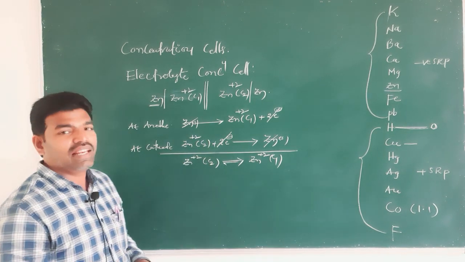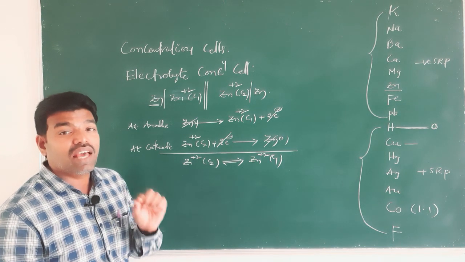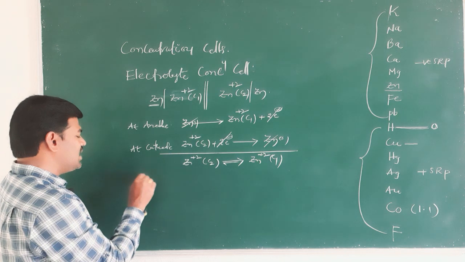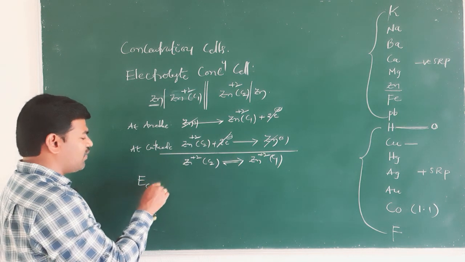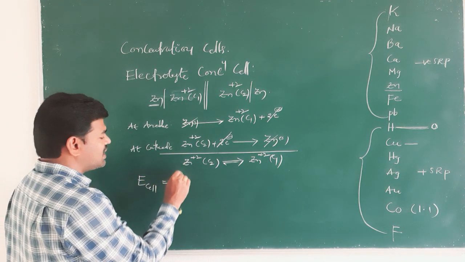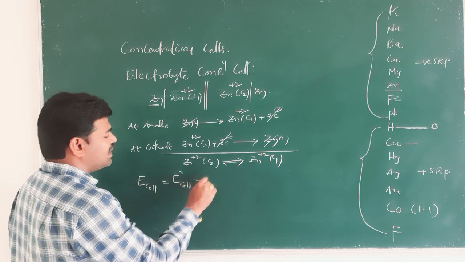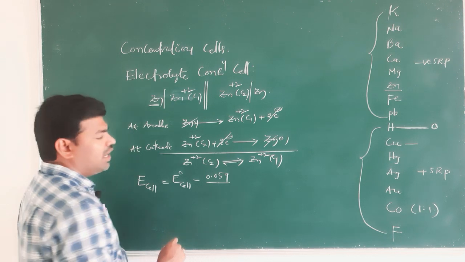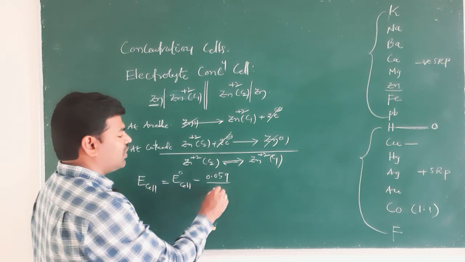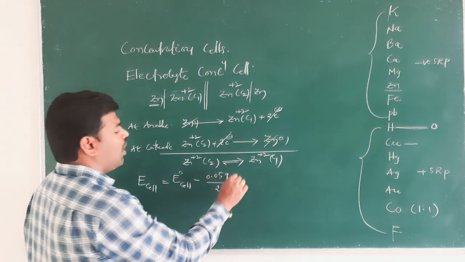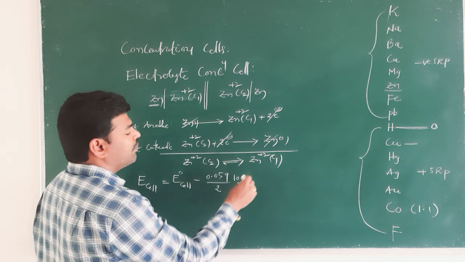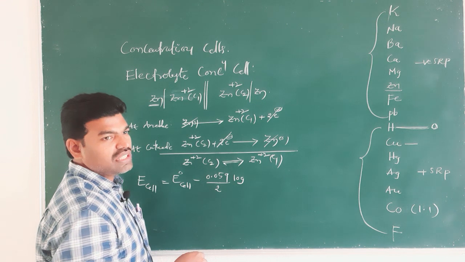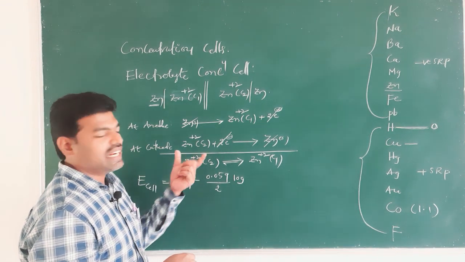The EMF of this cell can be calculated with the help of the Nernst equation. What is the Nernst equation? E cell is equal to E naught cell minus 0.059 by n, where n is the number of electrons transferred, log K. K means the equilibrium constant of the reversible cell reaction.